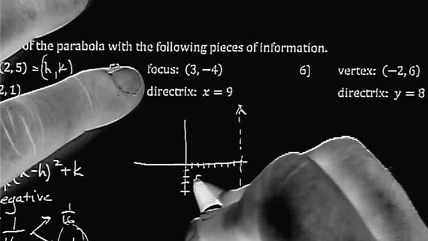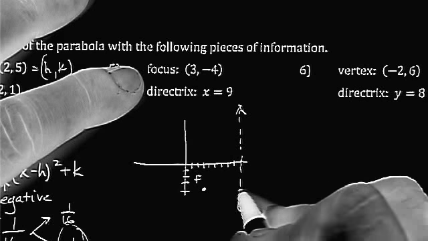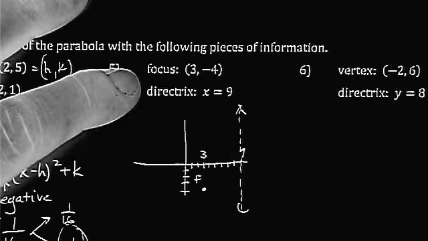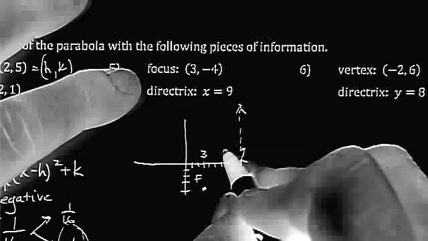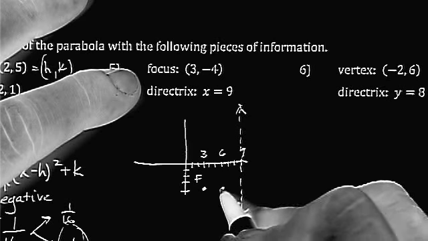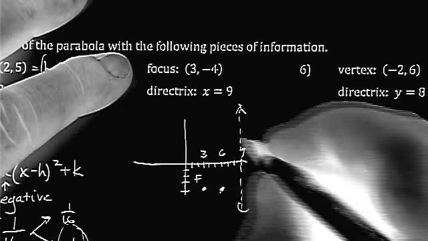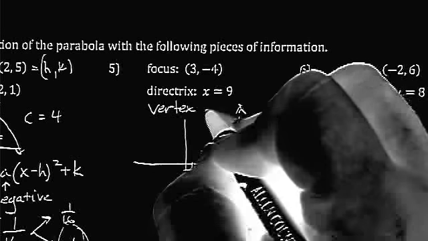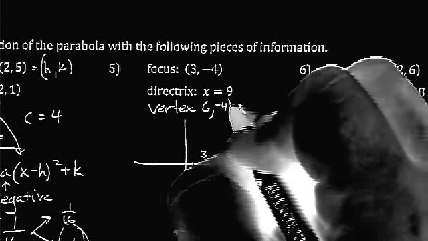Okay, but that's my focus, not my vertex. Halfway in between 3 and 9 has to be my vertex, right? So it has to be at 6. So at 6, negative 4, my vertex is at 6, negative 4.